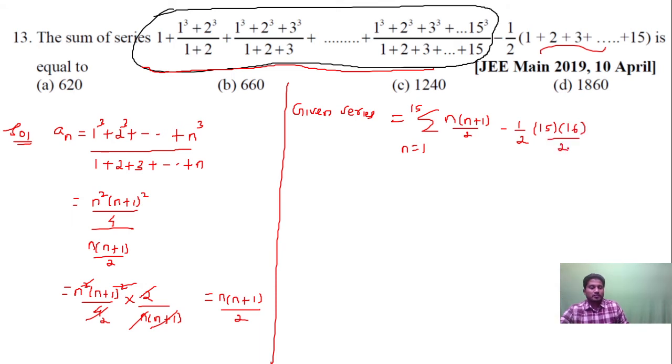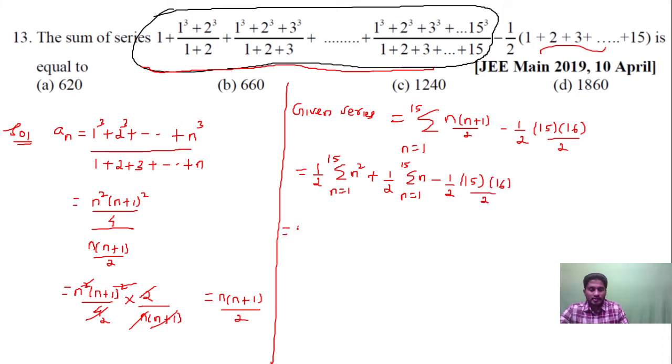Now this is equal to half of summation n square, n equal to 1 to 15, plus again half of summation n equal to 1 to 15, minus 1 upon 2, this is 15 into 16 divided by 2. Don't worry, anyways that will get cancelled.